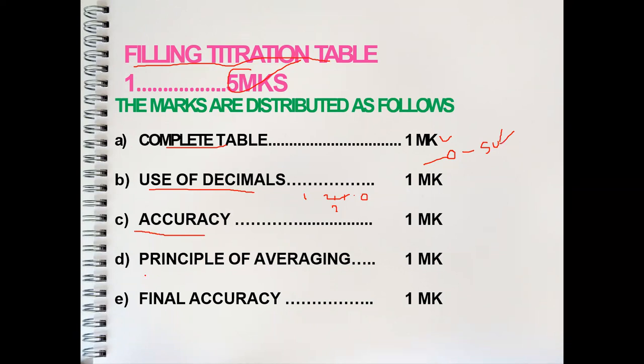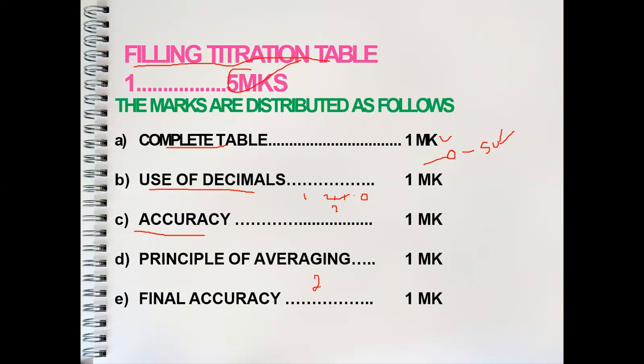Then we have the principle of averaging, where you only take the values which range within positive or negative 0.1 or positive or negative 0.2, that range.